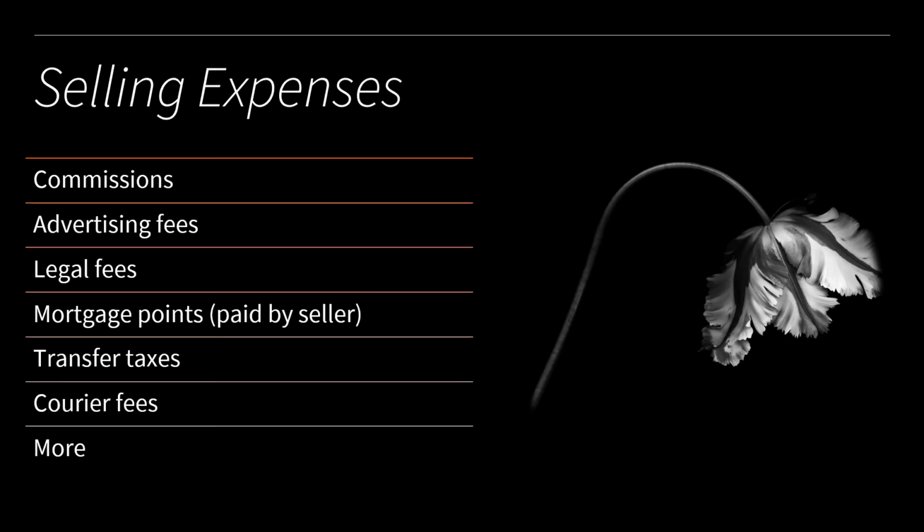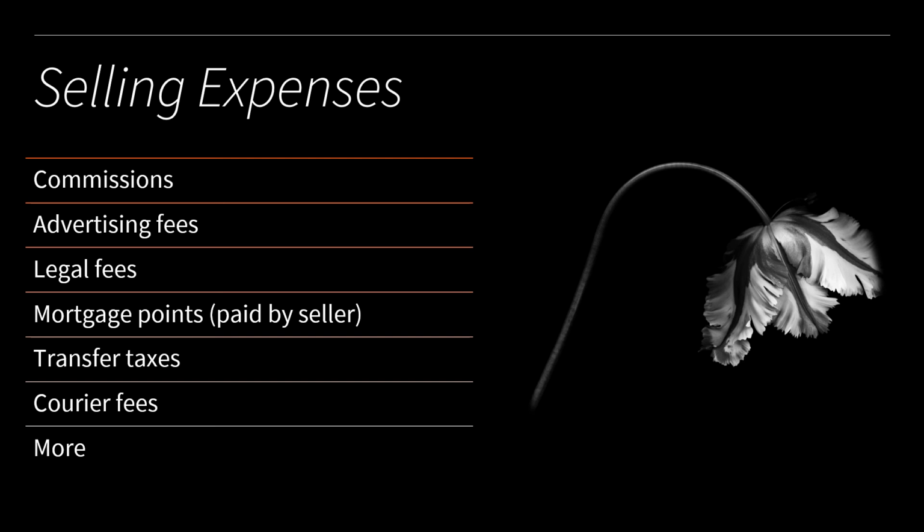So if we were looking at the HUD-1 and all of the items that are listed on there, aside from just the proceeds, how much they got from the sale, there are a lot of selling expenses included on there. The things that we would be looking for would be commissions, like say to the real estate agent, advertising fees, legal fees, any mortgage points, not for the taxpayer's mortgage that they had, but if the buyer is taking out a mortgage and part of the agreement is that the seller is going to pay some of those points.